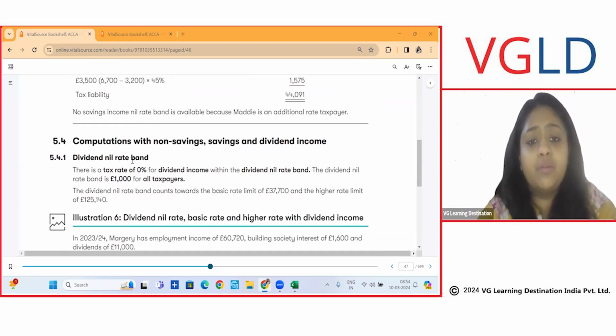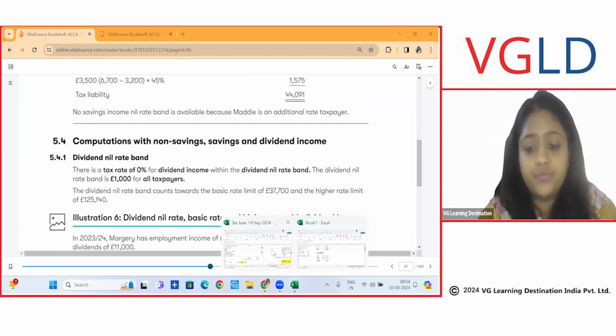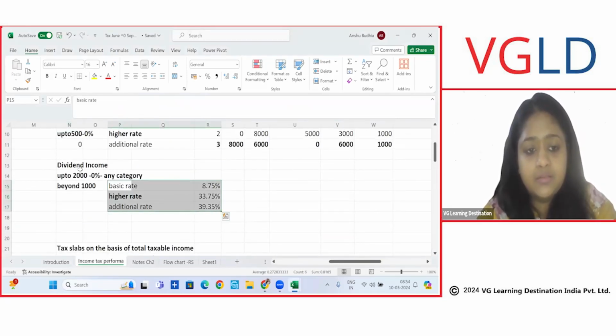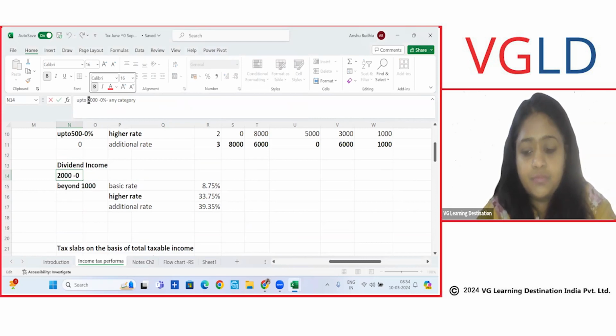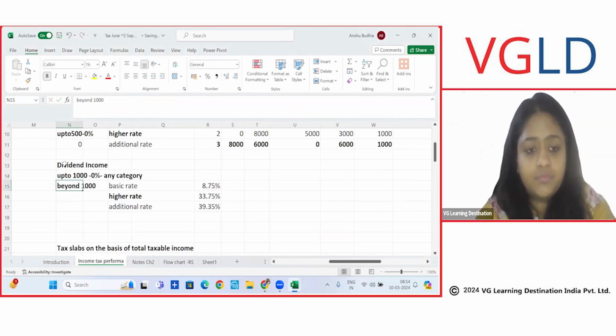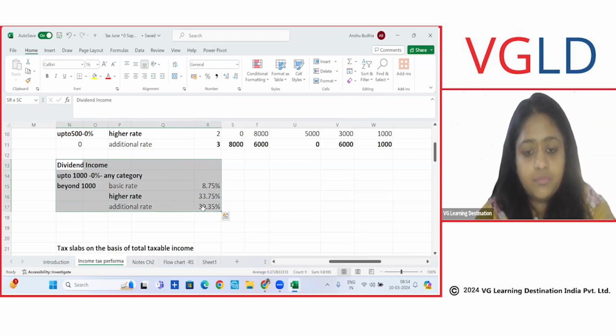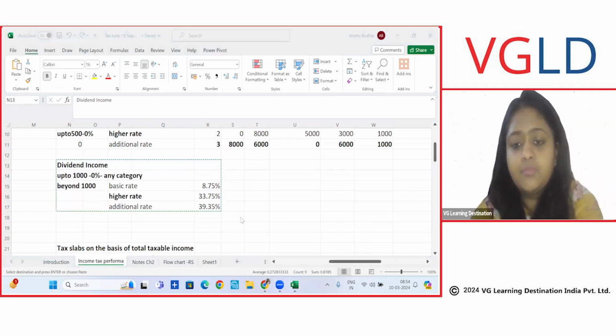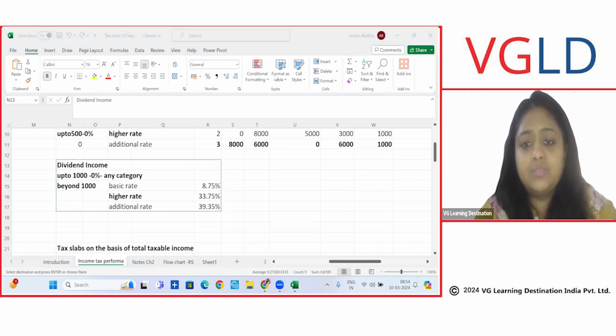Now here you will have dividend nil rate band of 1000 applicable to all taxpayers and the dividend rates will apply. I will type in the dividend rates in the chat box for all of you, so that you don't have to go anywhere else. I've typed it in. You all must have received it.